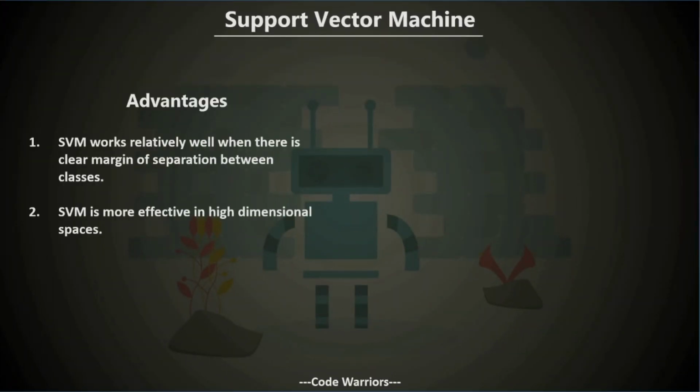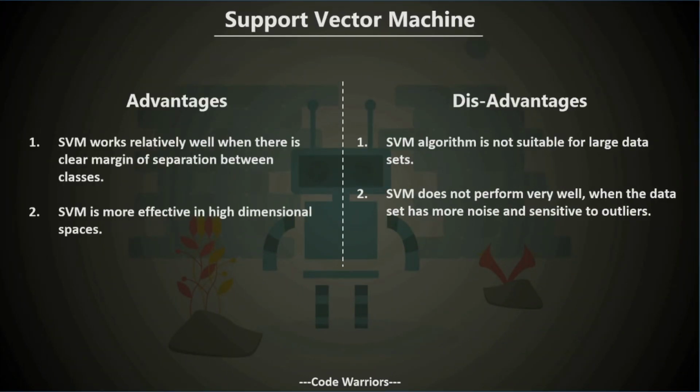Now, in order to understand the support vector machine, we are going to check out its advantages and disadvantages. A support vector machine works relatively well compared to others, because it has a clear margin of separation between two classes, so the accuracy will be higher, because they are classified from each other with a clear margin between them.